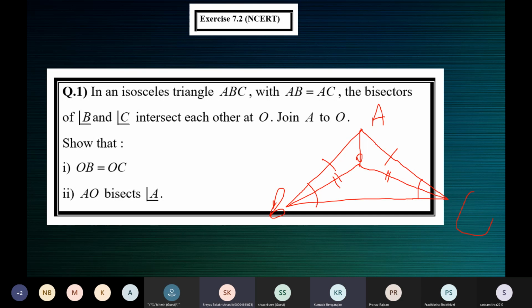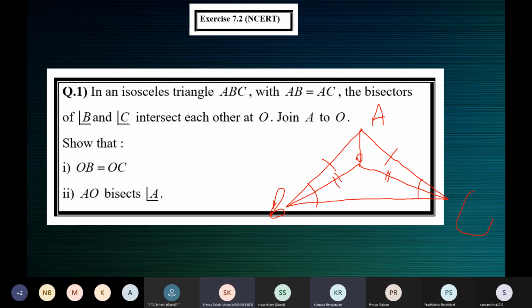Correct. Angle B is equal to angle C. Correct. Next. Ma'am, then half of angle B is equal to half of angle C. Is this correct? Correct. Ma'am, by that, half of angle B is equal to angle OBC. I have just taken it as angle 1, ma'am.